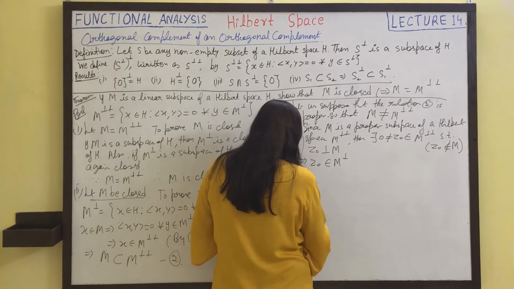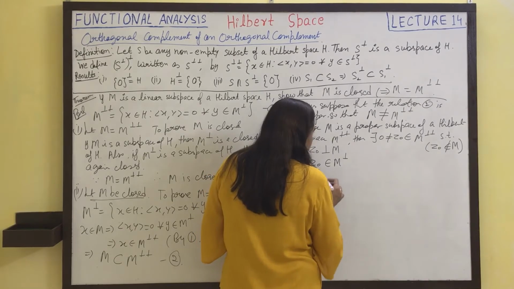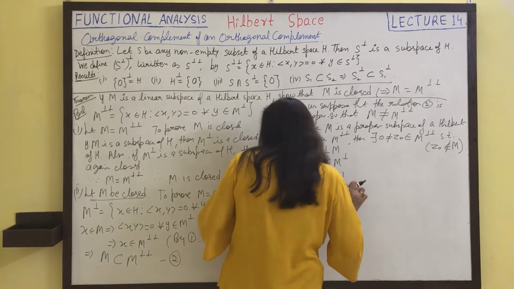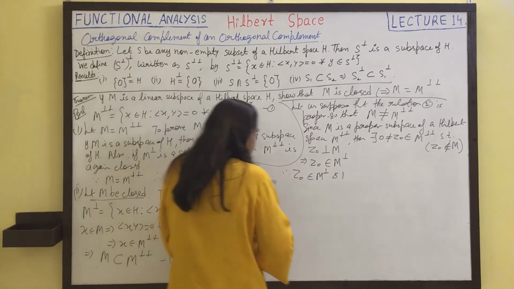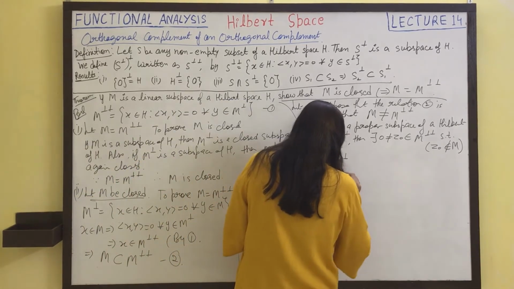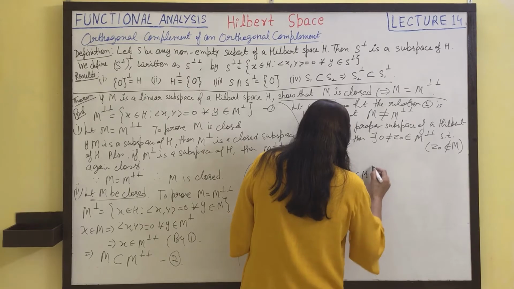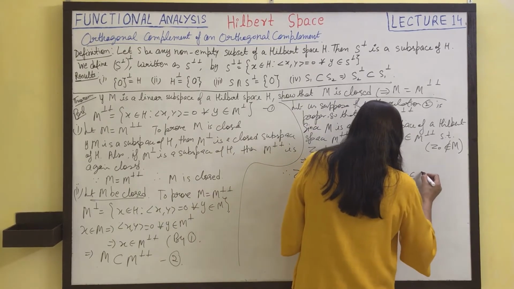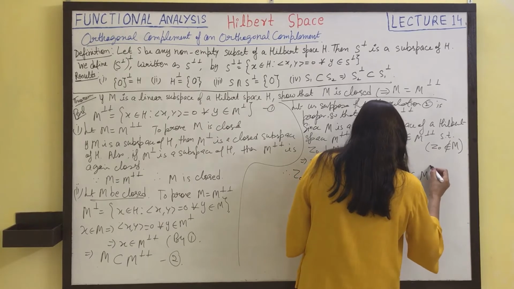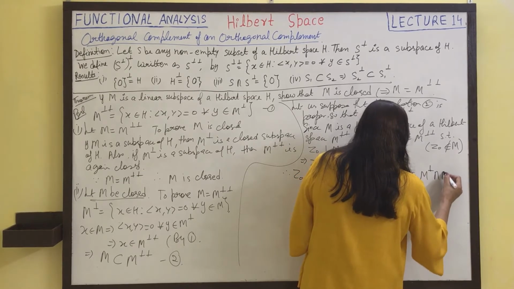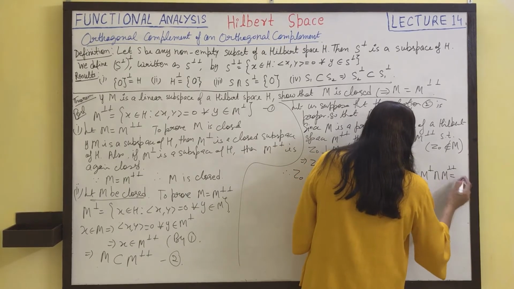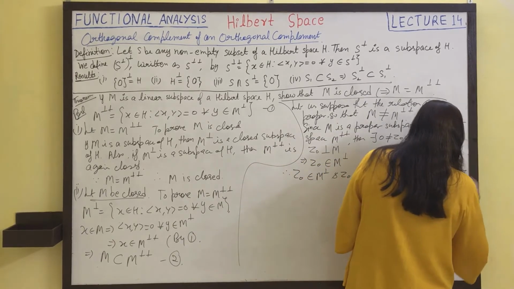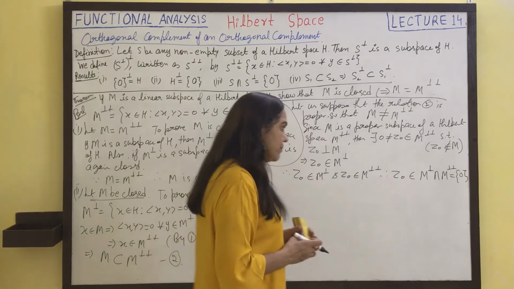So Z0 belongs to M perp and Z0 belongs to M perp perp. Therefore Z0 is in their intersection. But we know that their intersection is the singleton set containing zero vector.